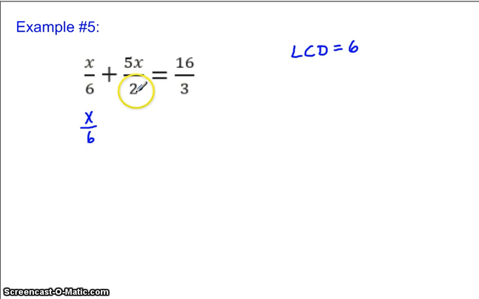But I need to multiply 2 by 3 to get 6, so I'm going to multiply by 3 over 3. And to get to 6, I need to multiply the 3 by a 2, so I'm going to multiply this one by 2 over 2.